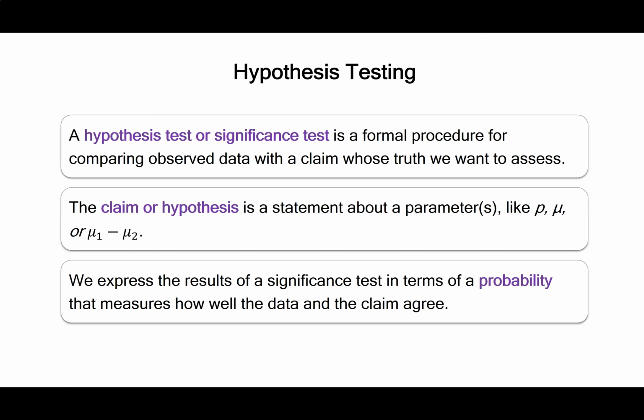Anytime we mention these hypotheses, there's that null hypothesis and alternative hypothesis. They only have parameter values in them. So if you're looking at a population proportion, you're looking at p. If you're looking at a population mean, it's mu. If you're looking at the mean for two different populations, it's mu1 minus mu2.